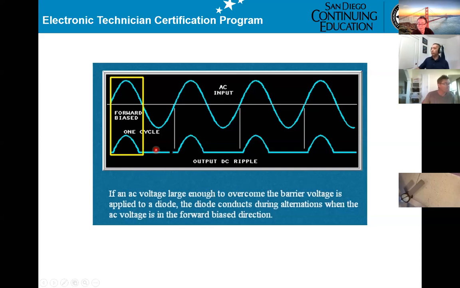And this output here, they call half-wave rectified. Why half? This is a full cycle, but you get only one half of that. So that's why they call it half-wave.